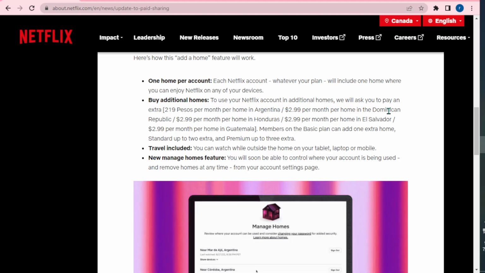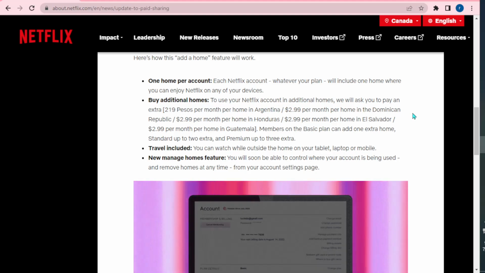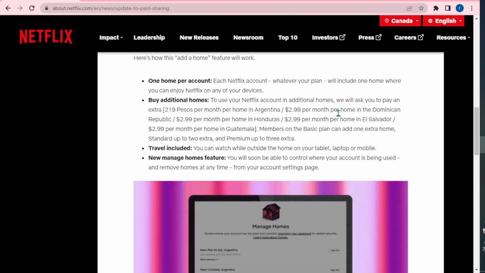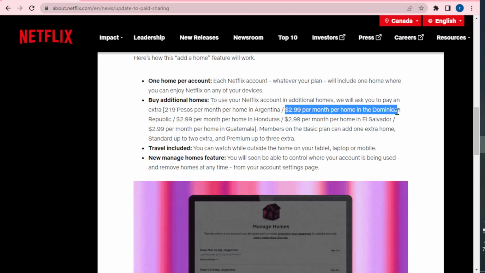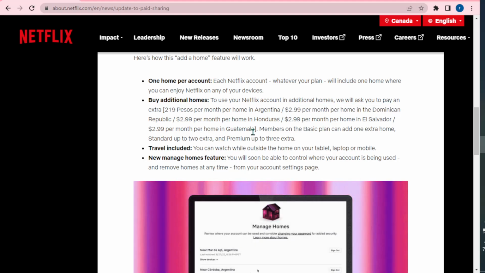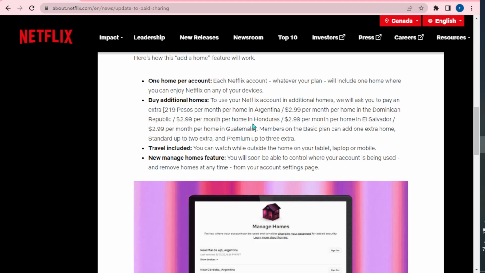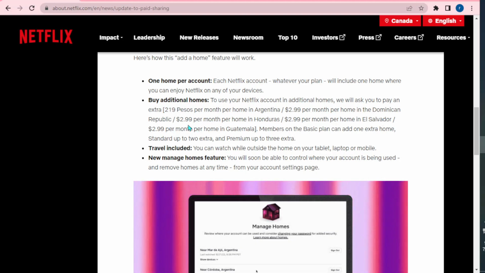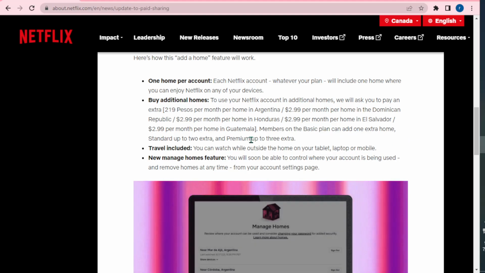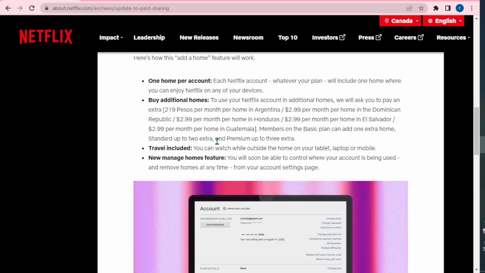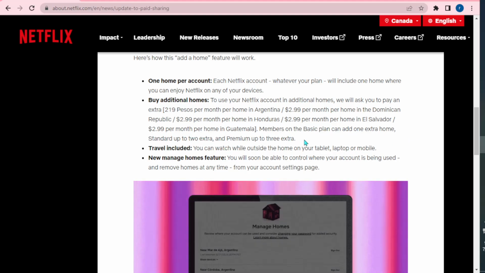Buy additional homes. To use your Netflix account in additional homes, we will ask you to pay an extra $2.99 per month per home in all these different areas. So that's the Dominican Republic, Honduras, El Salvador, Guatemala. And it says members of the basic plan can add 1 extra home, standard up to 2, and premium up to 3.